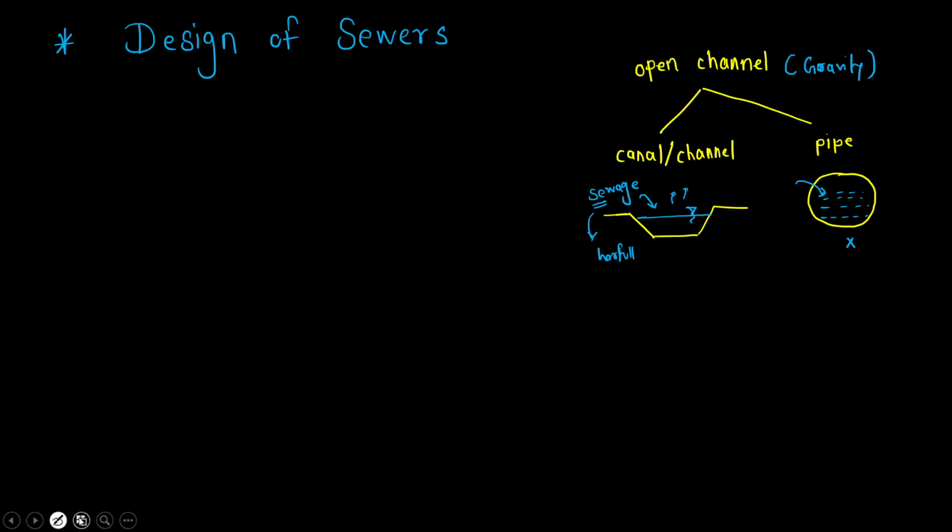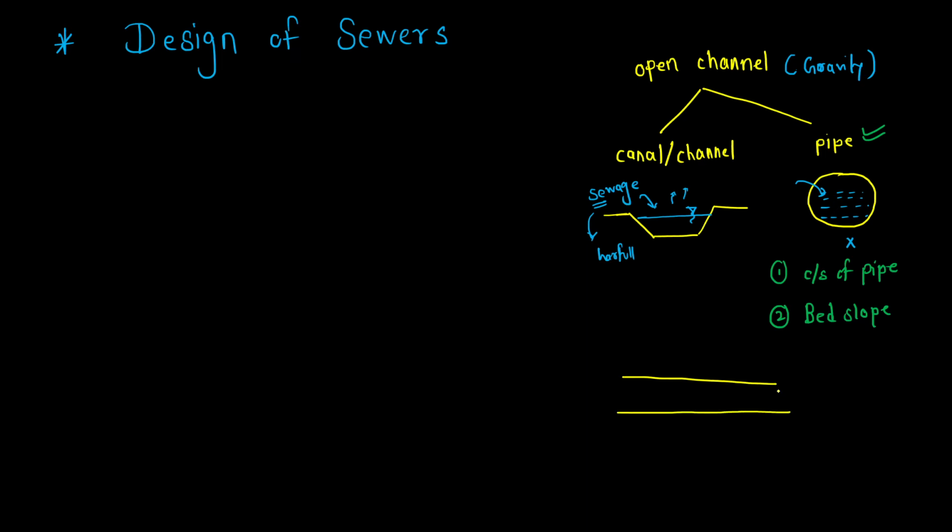While designing sewers, that is, for the design of these open channels, we prefer the pipe cross section. To design this, we need two things. First is the cross section of the pipe, and second is the bed slope. What is the meaning of bed slope? Let's say a pipe is laid on the ground.